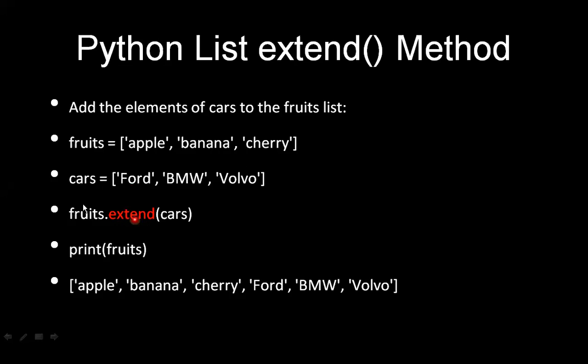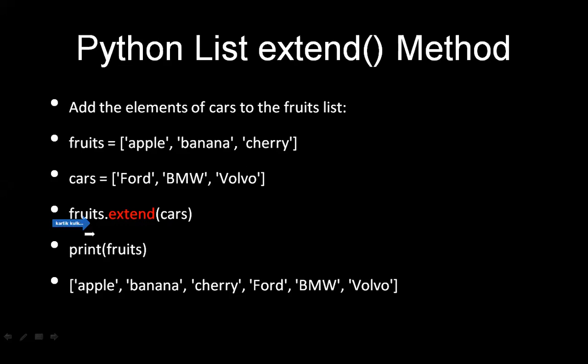What is the syntax of using extend? The list name, dot extend, another list name. Where you want to extend the elements, the first list name you should write there.